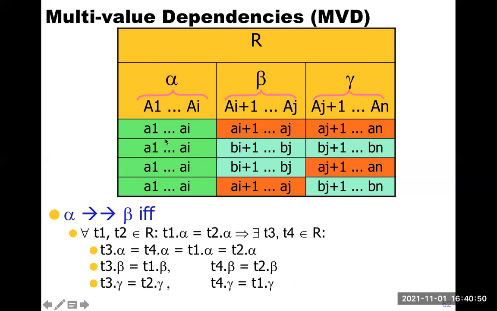So essentially, for every possible value here, I expect to meet exactly 4 records, not fewer and not more. There is exactly this pairing of values. So all the combinations: red and red, blue and blue, blue and red, red and blue. And then I can say that I have a multi-value dependency in this table. And only in this case, if I can find such a quadruple.